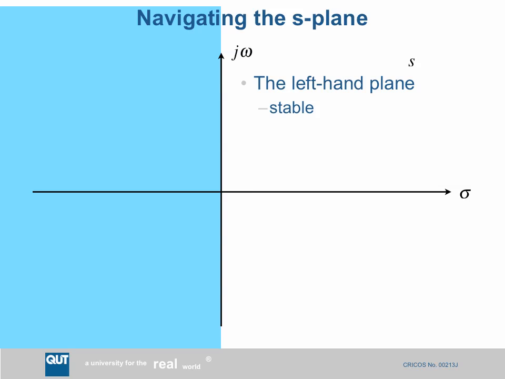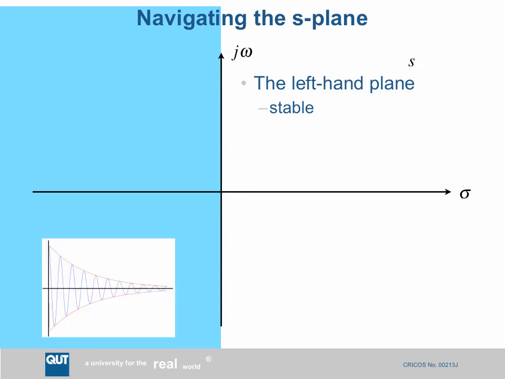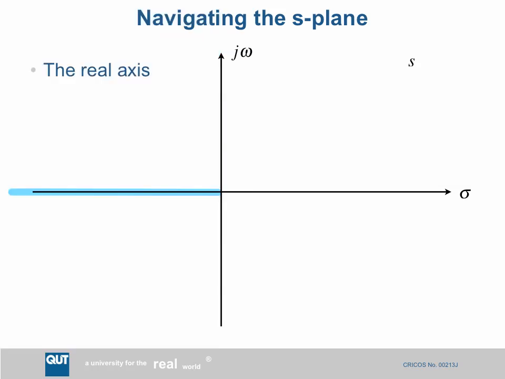The left-hand plane, shown here in blue, is where poles are stable. So that means that over time they will converge on zero. So if there's any energy in the system, it will be dissipated, the system will be stable. And this is where we want to place any poles of our closed loop system. The real axis is a little special in that poles that are there are non-oscillatory.